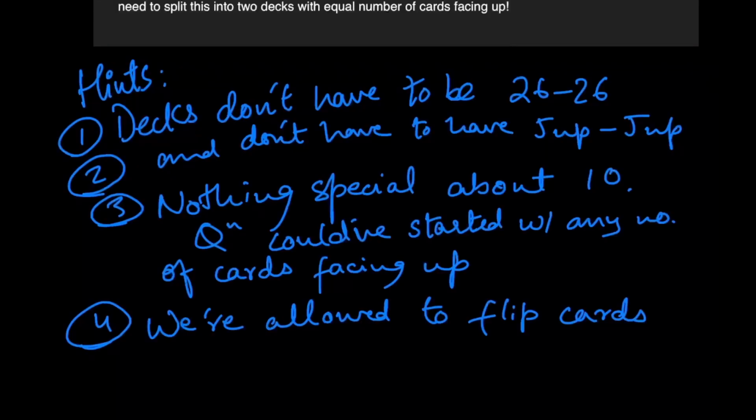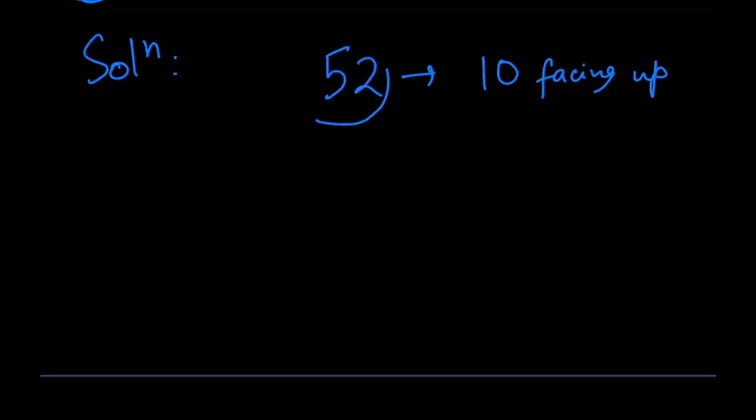So I've just listed down the hints over here for you guys to pause and think about everything. Now we'll be coming to the proper solution. So initially, I have 52 cards, among which I have 10 of them facing up, right? Now the solution is to pick any 10 cards among these 52 cards and set them aside.